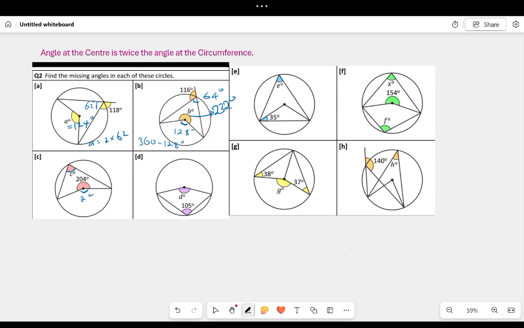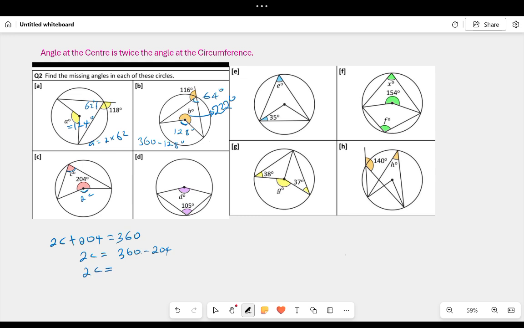So since we have 2C and we know that the angles at the center add up to 360 degrees, we are going to write it as follows. So 2C plus 204 should be equal to 360 degrees. Therefore, 2C is equal to 360 minus 204. So 360 minus 204, you get 156.